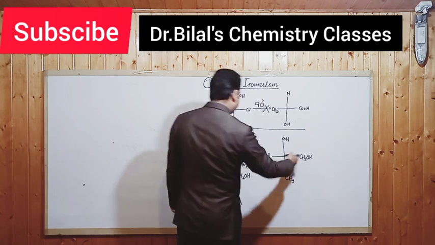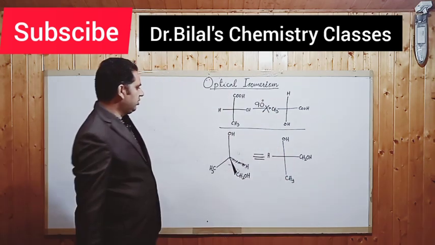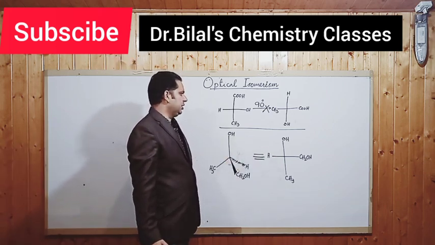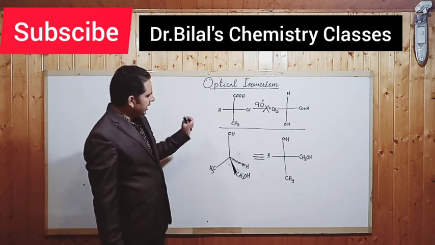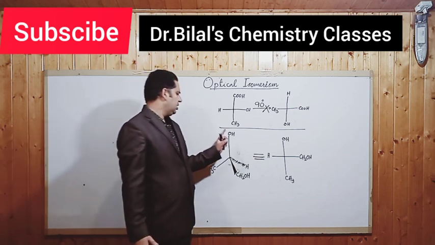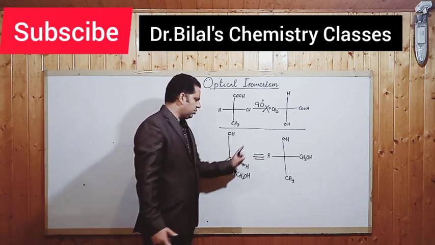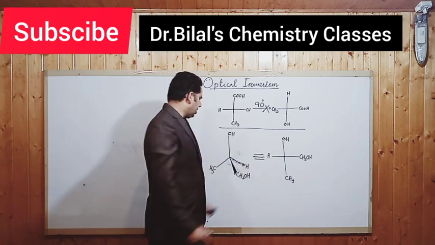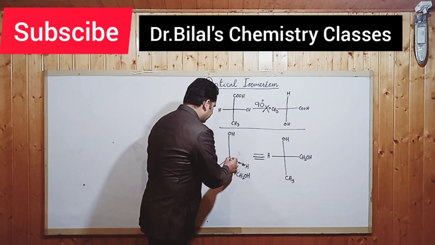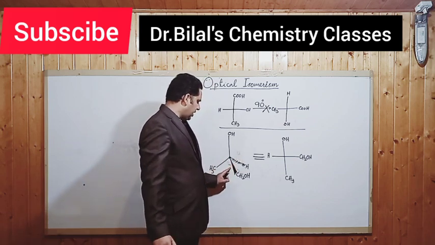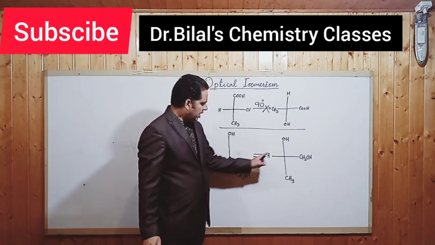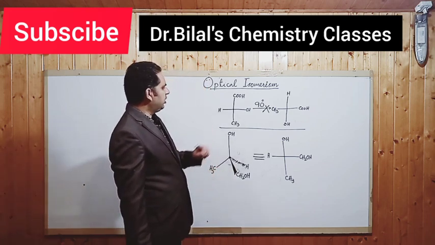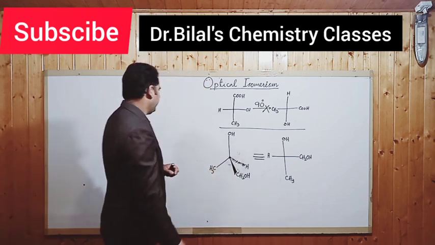Therefore, we are able to convert it into a Fischer projection. Very easy conversion from this to this. Now in optical isomerism, we will come across these types of structures where we have wedge, where we have dash, or we have these Fischer projection structures, and both of them will be dealt with accordingly.